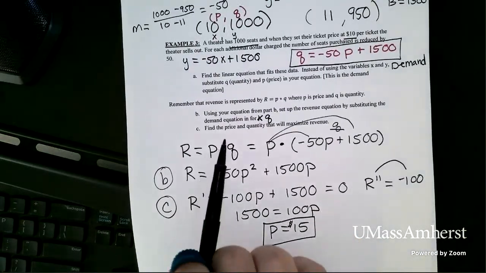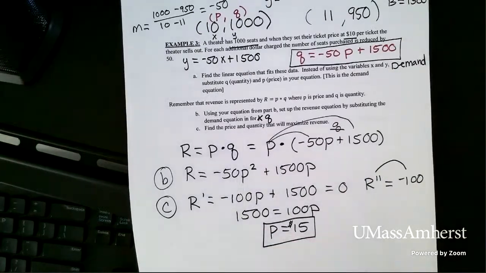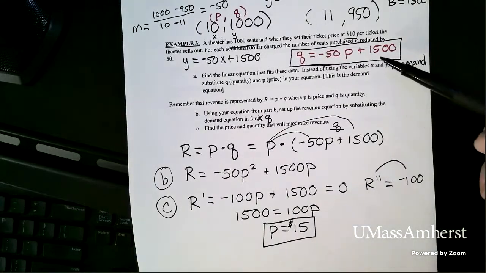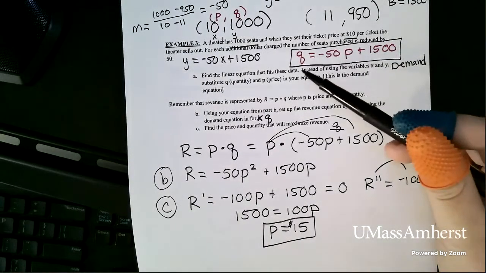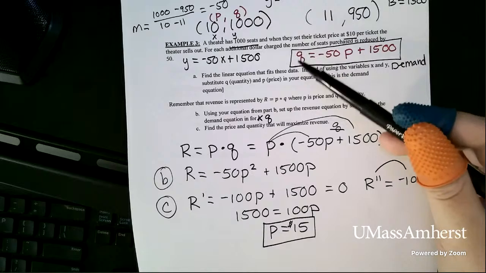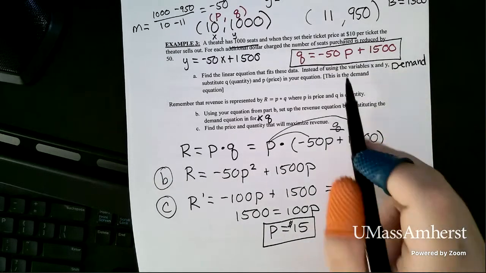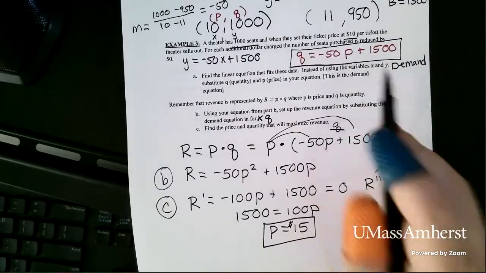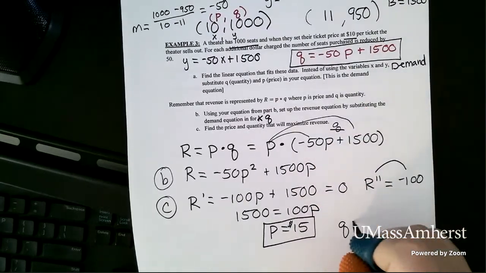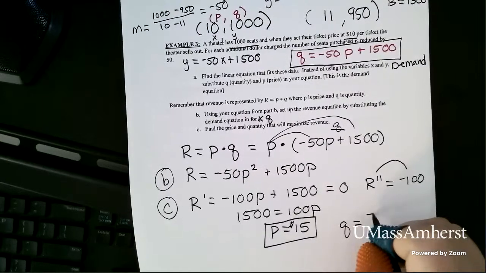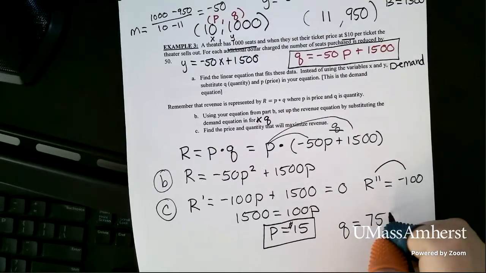Part C asks for the price and quantity. So now this $15 has to go back into the demand equation so we can figure out how many tickets we will sell at a price point of $15. So if I plug in a 15 here, I'm going to get Q equals 750.